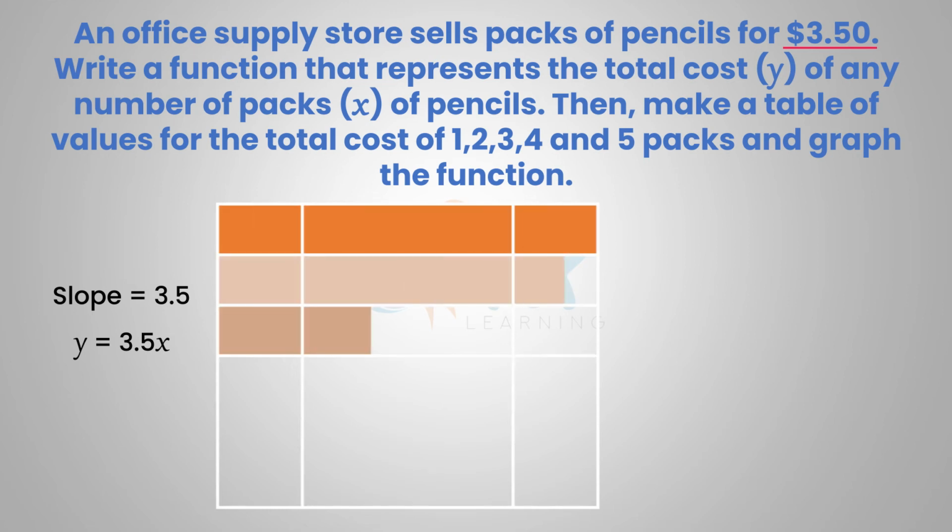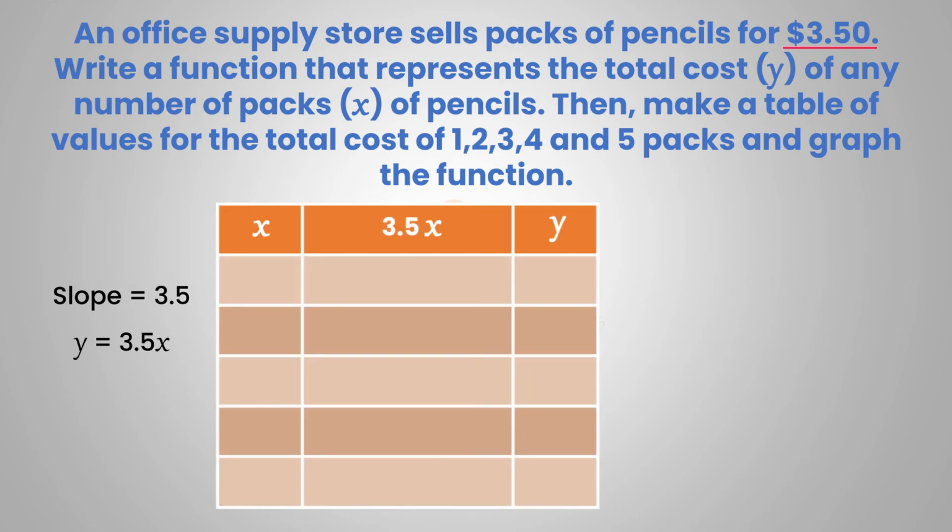Putting this in to my table, I can substitute in the values of 1, 2, 3, 4, and 5 into the function y equals 3.5x. So substituting the 1, I get y equals 3.5 times 1, which is just 3.5. Substituting in the 2, I get 3.5 times 2, or 7.